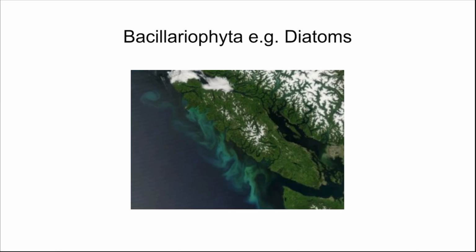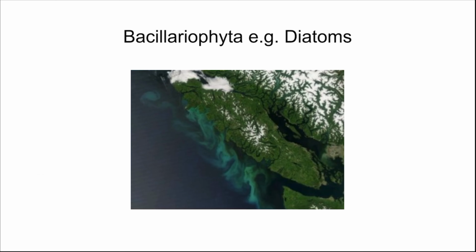Here's an example of two different kinds of autotrophic photosynthetic organisms as seen from space. On the land, they're the treetops. Off the ocean's coast, you can see waves of greenish blue. The greenish blue color is produced by bacillariophytes, in this case, diatoms.